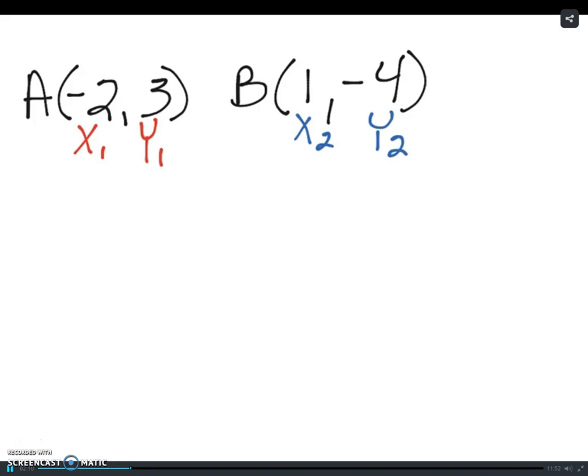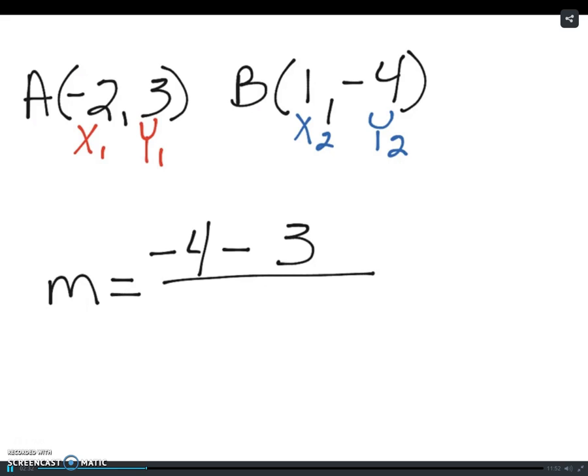And remember that you have to have an x and a y coordinate for each point, and all the ones are like one team, so they have to be with one point, and then the twos are with another team, so they have to be the second point. And then we're just going to plug our numbers in. So we said it was y2, which is -4, minus y1, which is 3, over x2, which is 1, minus -2, which is x1.